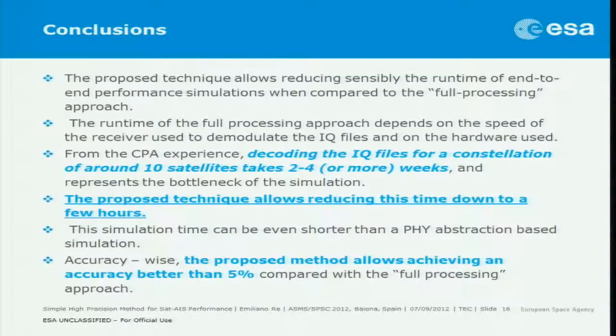From our experience with the CPA, for doing a system simulation with a full processing approach, we were taking from 2 to 4 weeks for a single simulation, which is extremely long. Whereas with this method, we were able to run a system simulation within a few hours. And even with the physical layer approach, which is often used, the typical runtime is some days. So we are still gaining in runtime, even against the physical layer, whereas we are achieving a very good accuracy.